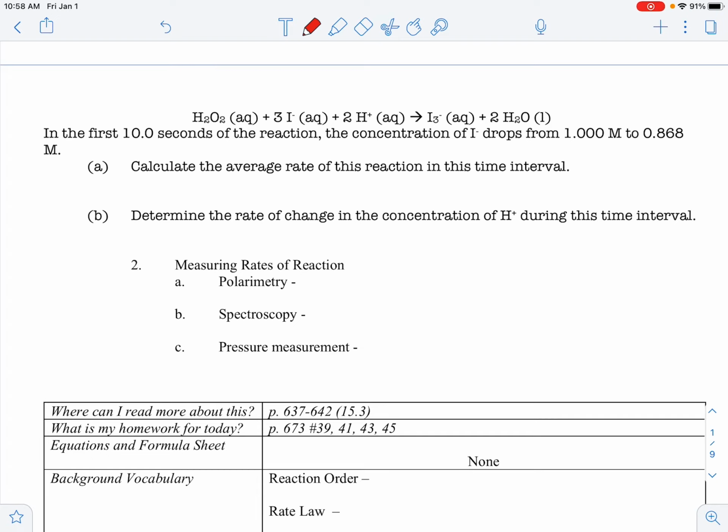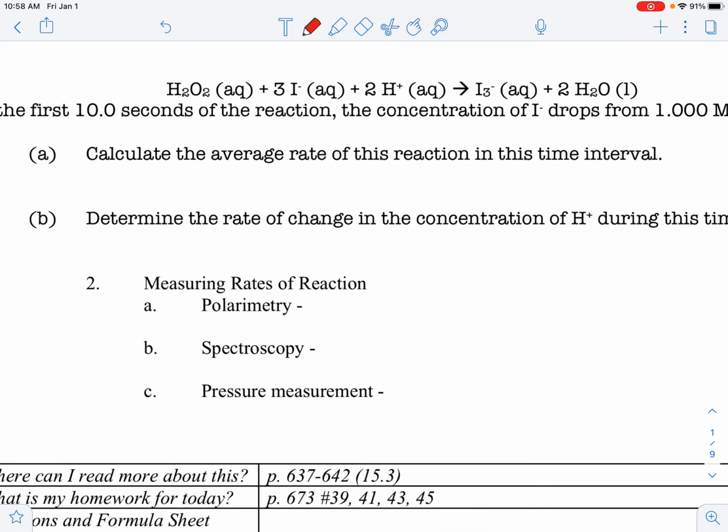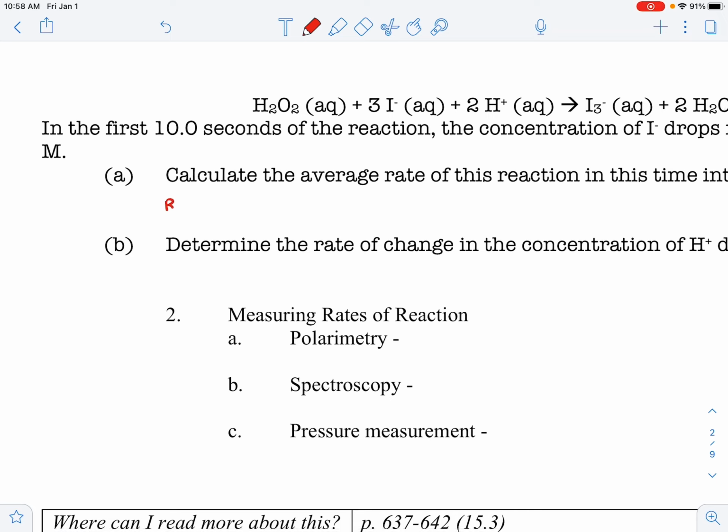So if we look at our balanced chemical equation, we know that our rate in terms of I minus is equal to negative 1 over 3, that 3 right there, times the change in I minus over our change in time.